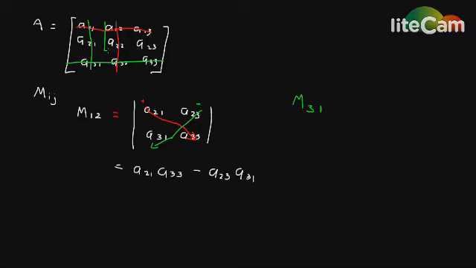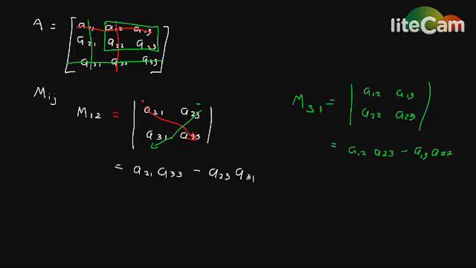So it's basically this matrix over here, and the minor 31 is the determinant of the matrix A12, A13, A22, A23, and then we can calculate that using the 2 by 2 method as A12 A23 minus A13 A22. Okay, so that's how we calculate a minor.